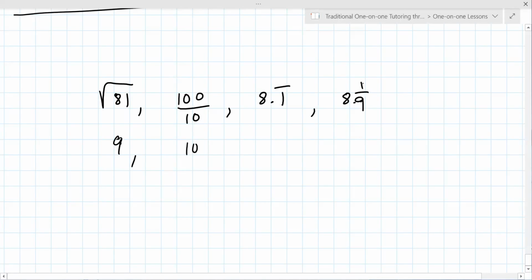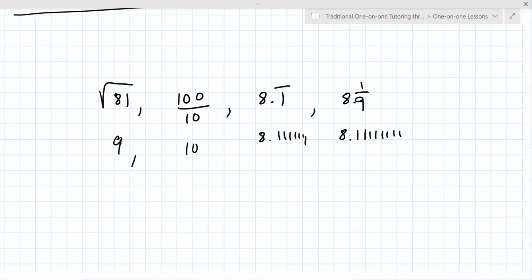And then 8 and 1/9 is 8.111111, and 8.1 bar is 8.11111. So it goes 10, 9, then 8.11, and then 8.11.